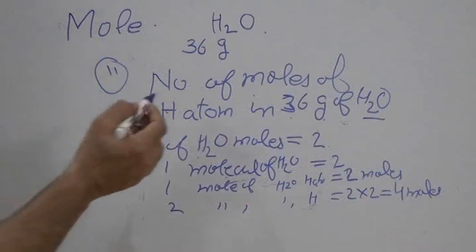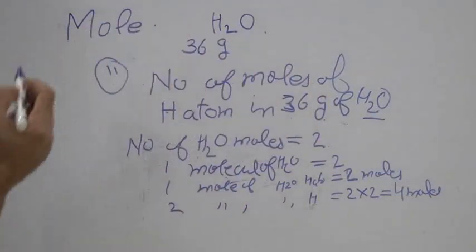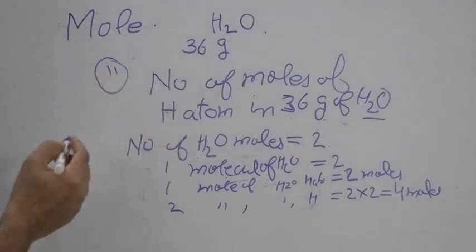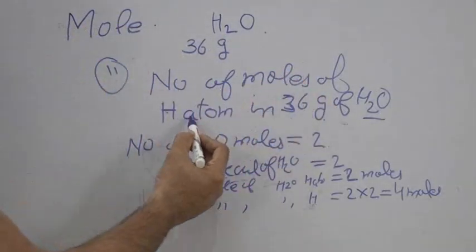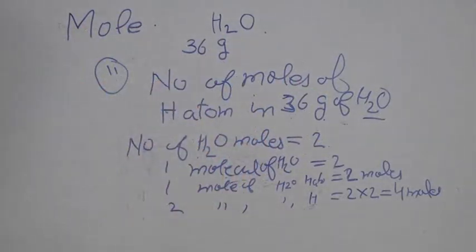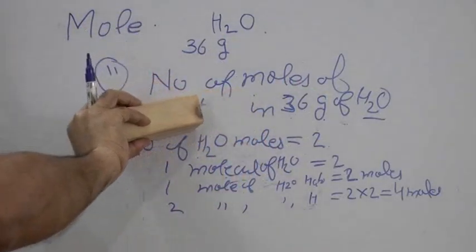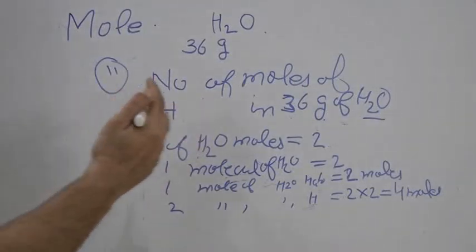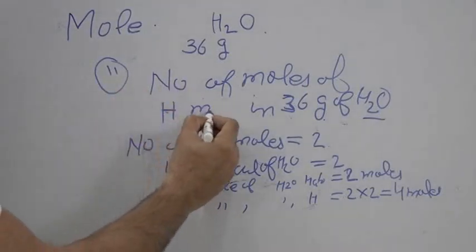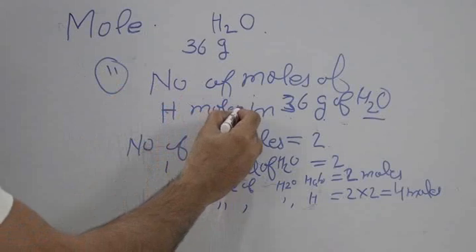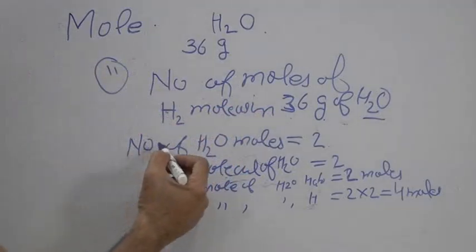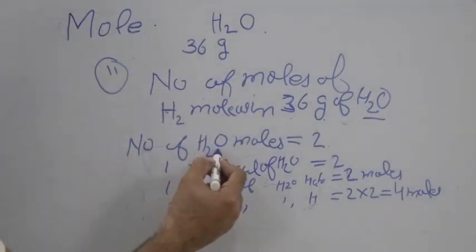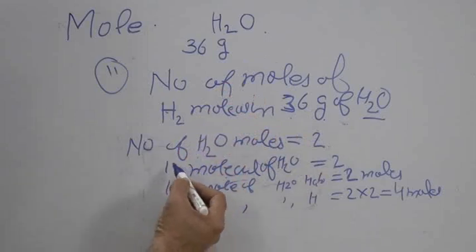Similarly, if the question changes here, that what would be the number of moles of hydrogen molecules instead of atoms? Then what would be the question? Here you can say the number of H2O moles is 2, right?